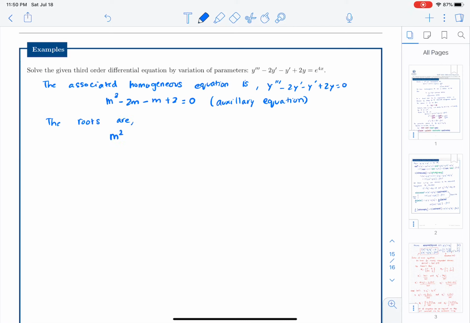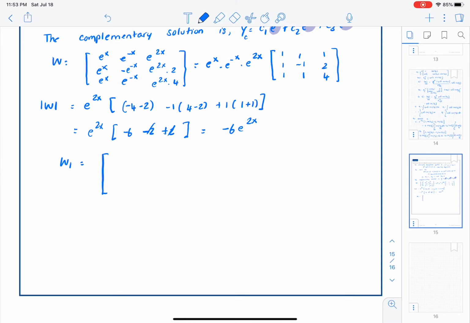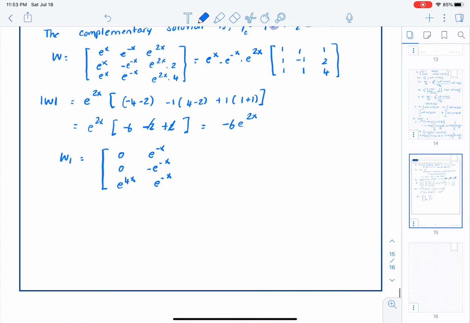Now we've got to find W1 and its determinant. So 0, 0, e raised 4x, e raised minus x, minus e raised minus x, e raised minus x, e raised 2x, e raised 2x times 2, e raised 2x times 4.